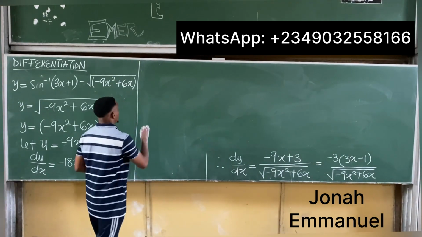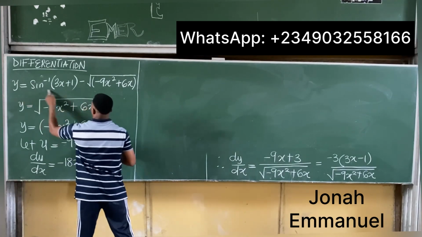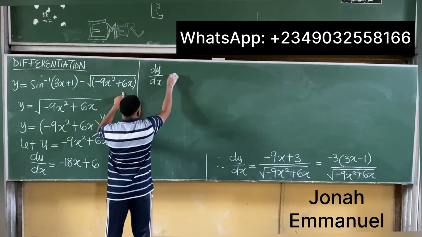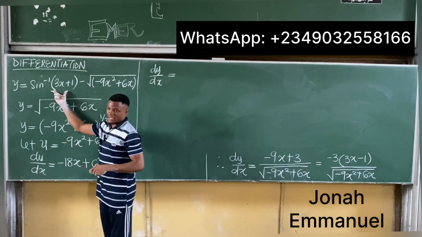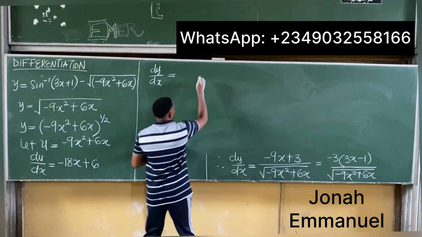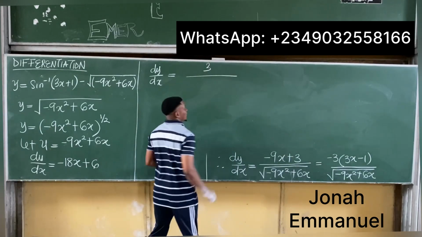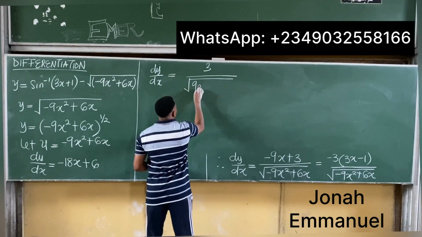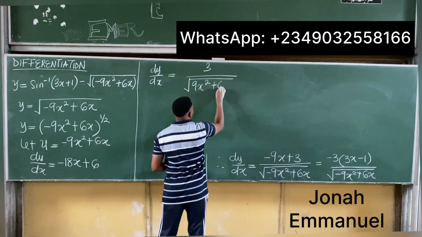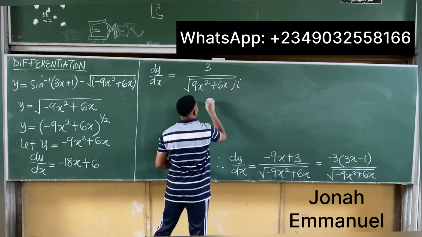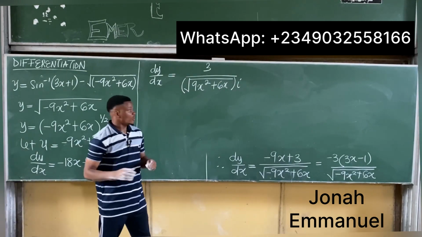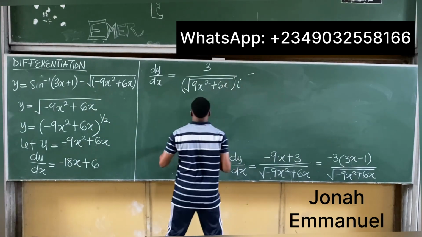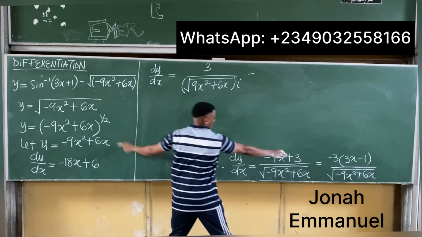So finally, if I'm given that y is equal to this, my final answer, dy over dx, is equal to, after differentiating this one here, our answer was 3 all over square root of 9x squared plus 6x all to i. So we had this one here. That was a complex number. After differentiating this, our answer was this.